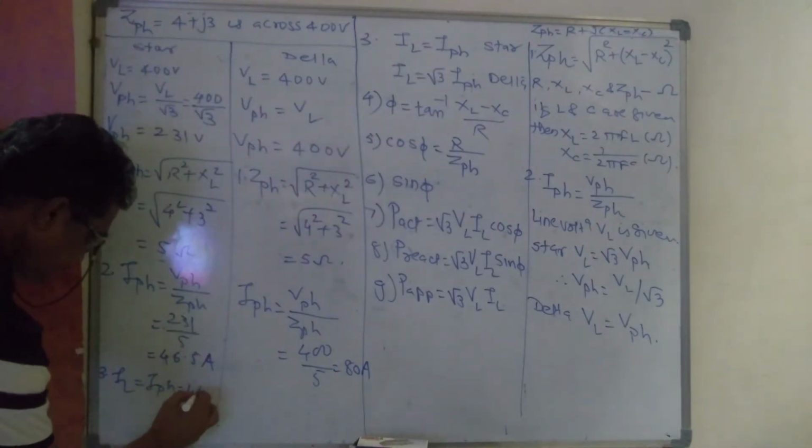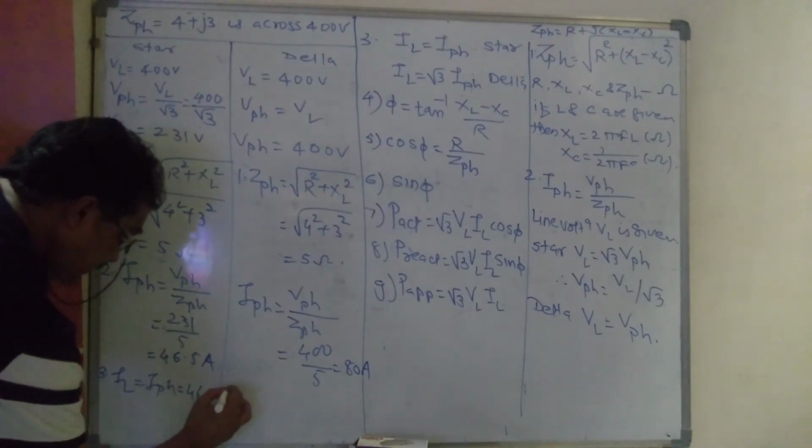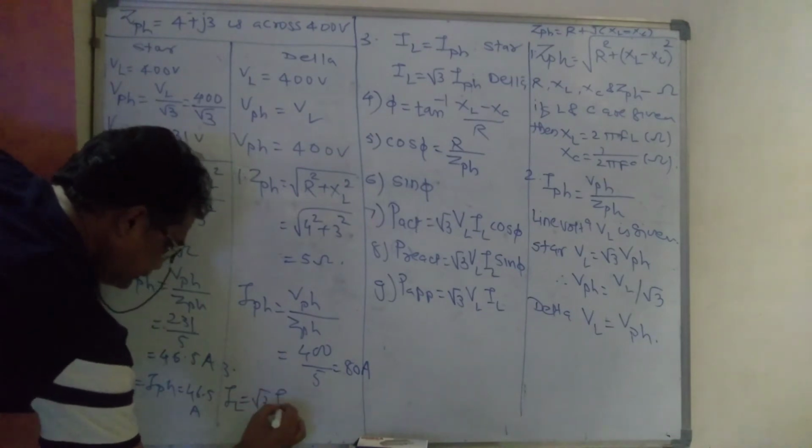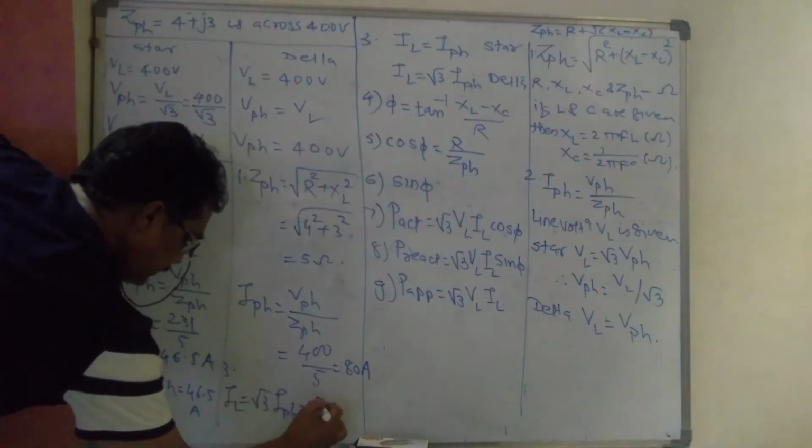So here IL is 46.2 ampere. And here IL is equal to root 3 IPH, so root 3 into 80.